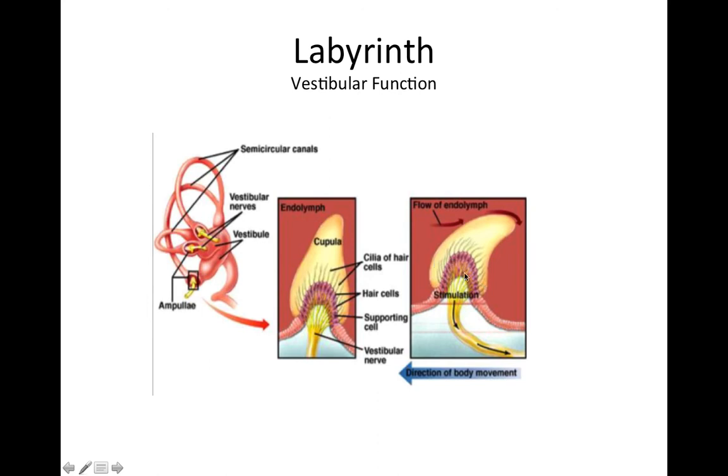We have ionic conduction occur, and then a current flow and a voltage change happens, sending stimulation through that vestibular nerve. Okay? The neurotransmitters that are often involved here are going to be glutamate and aspartate, and those are both excitatory neurotransmitters.